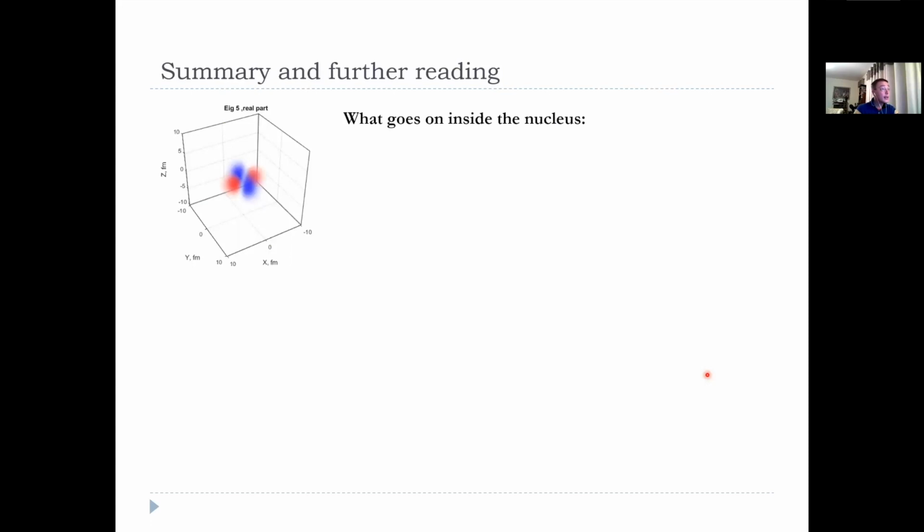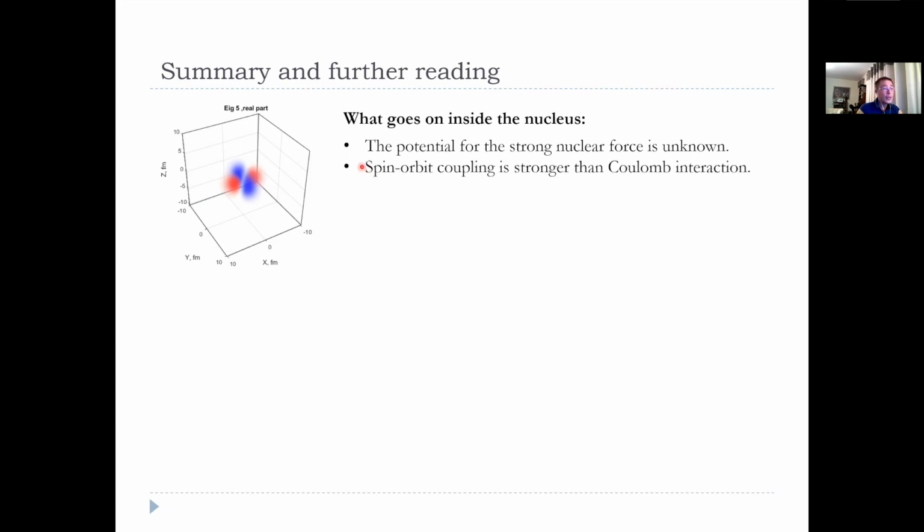So, okay, to summarize, what goes on inside the nucleus? Well, the potential for the strong nuclear force is basically unknown and probably will never be. Quantum chromodynamics calculations are horrendously complicated, not anytime soon. Spin-orbit coupling in the nuclei is stronger than Coulomb interaction, and so it dominates the orbital classification.